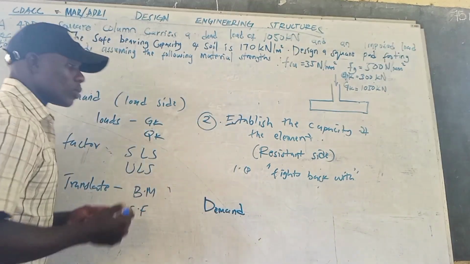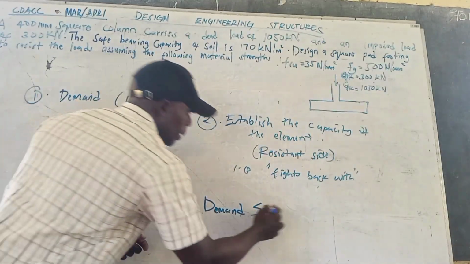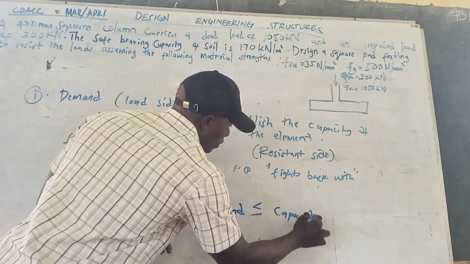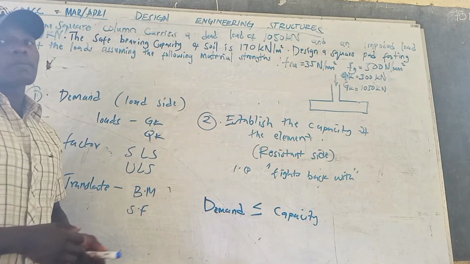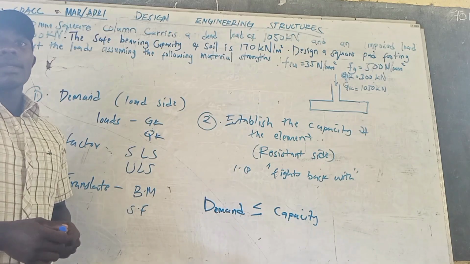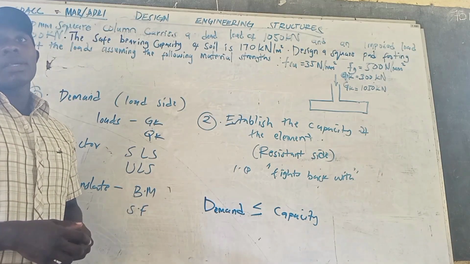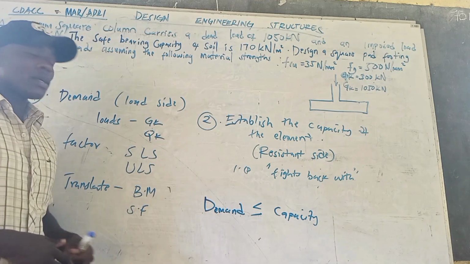Our goal is to establish this inequality, that the demand should be less than or equal to the capacity. Then if we achieve this, we shall have had an efficient design.